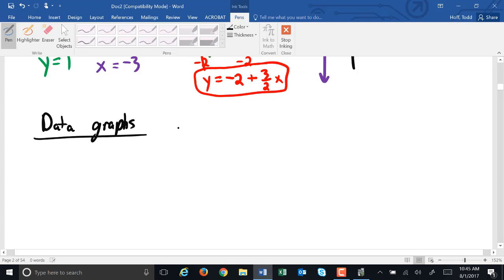Next, we need to look at data graphs. Data graphs are just that, representing data. Now remember, there are really only a few types of graphs, depending on what type of data we are using. A bar graph or a histogram is just bars.